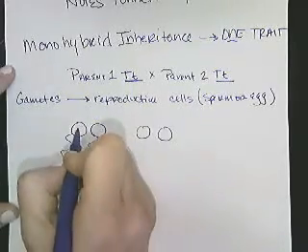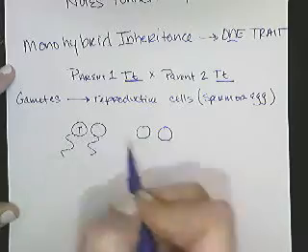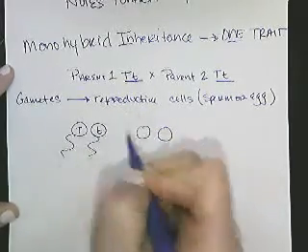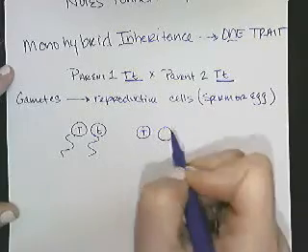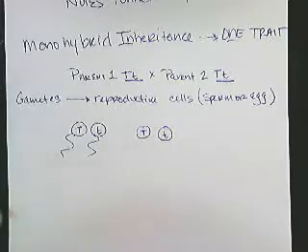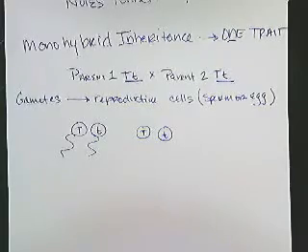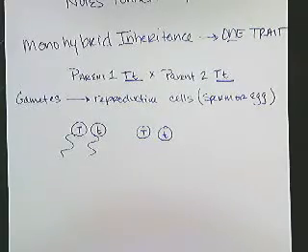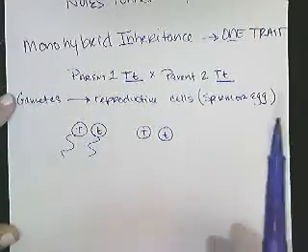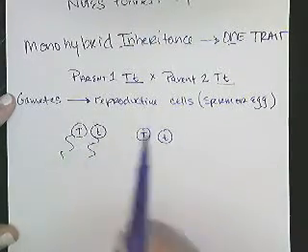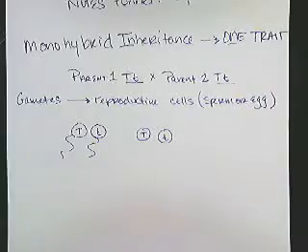So this big T we can place right here, and that little t we can place right here. And the same goes for parent 2, eggs. Now this follows the law of segregation, which states that each gamete contains only one allele for each trait. We only have one trait here, and each of these gametes, sperm and egg, contains one allele for the trait. So we've satisfied the law of segregation.